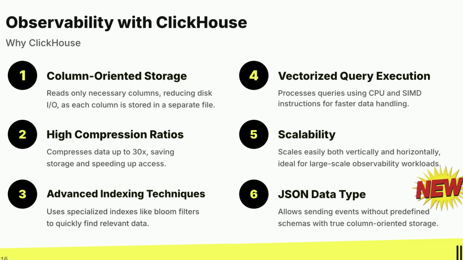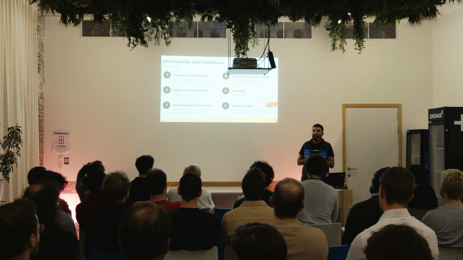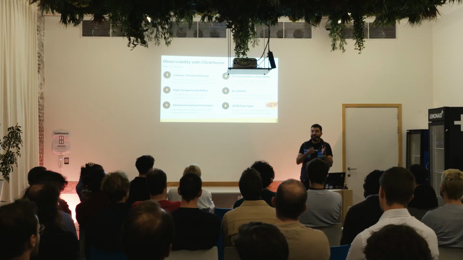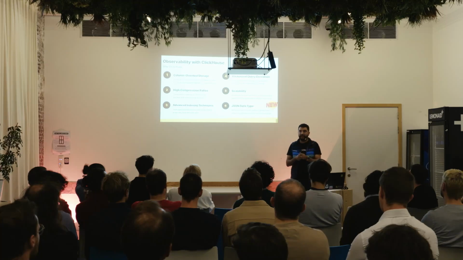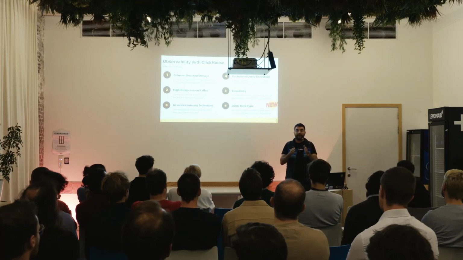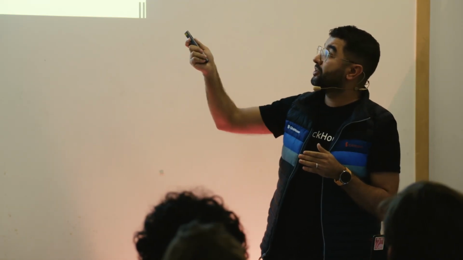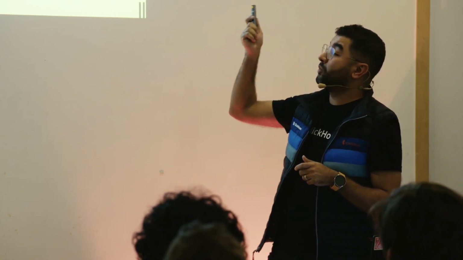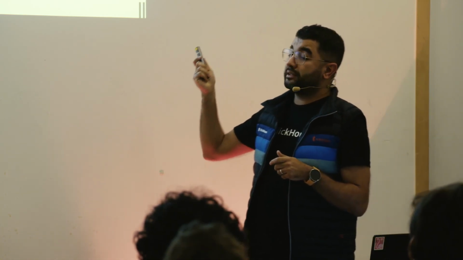We rebuilt this data type: previously we had an Object data type, but now we have this new JSON data type that we made column-oriented, to benefit from the advantages of the compression ratio and the vectorized query. So the JSON data type now behaves as a classical data type in ClickHouse and keeps this performance for JSON as well.